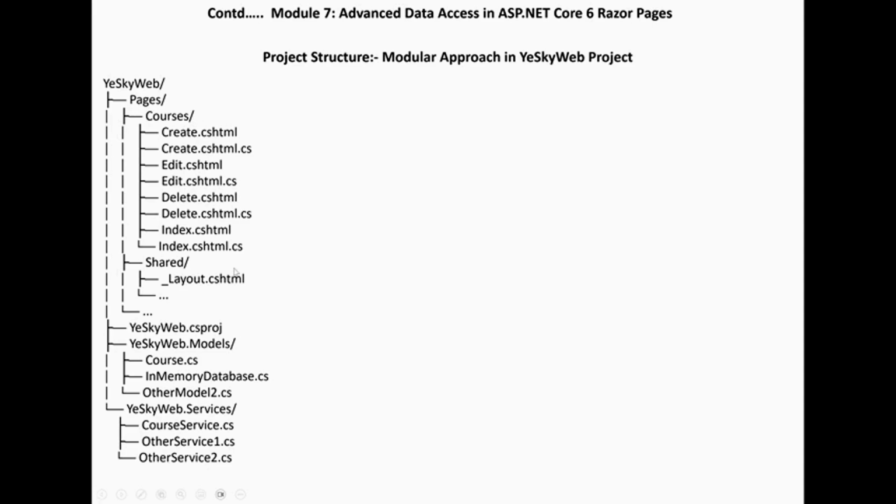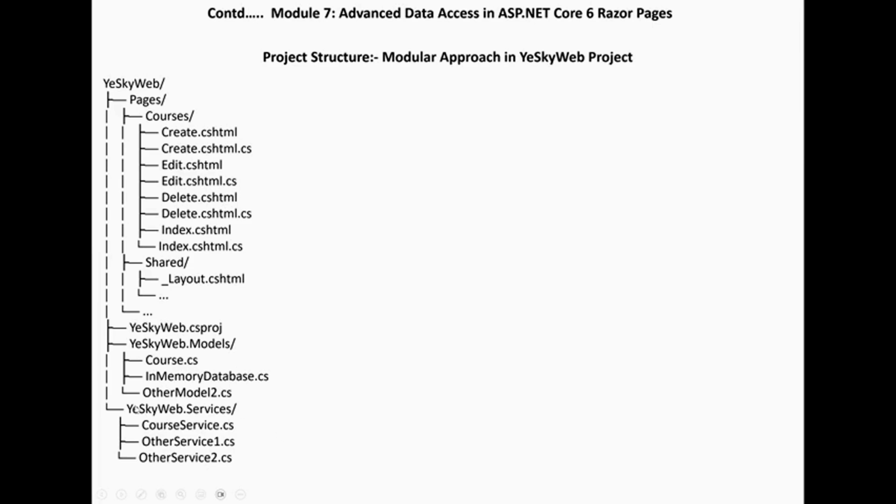So all the other pages will be under Pages, and all the model classes will be under SkyWeb.Models. So for now, we have course.cs. CS is the C# language.